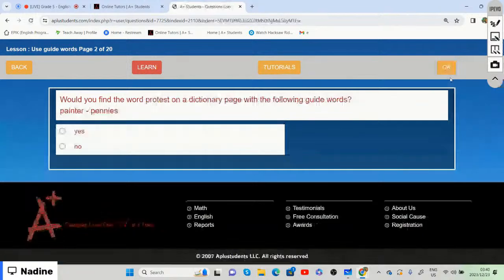Would you find the word protest on a dictionary page of the following guide words, which are painter and pennies? Is it yes or no?